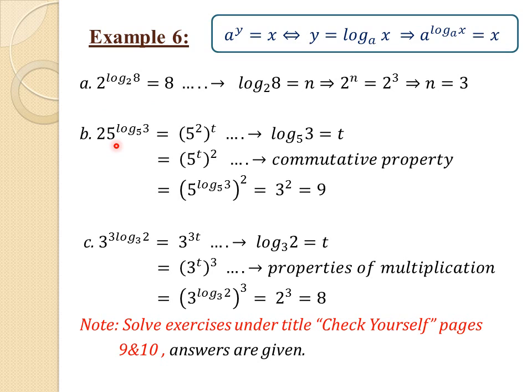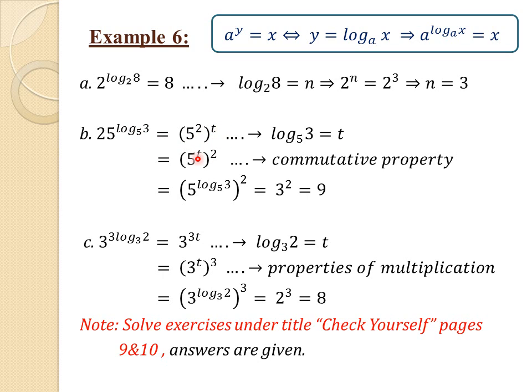Take here 25 raised to logarithm 3 base 5. Now this 25 is 5 power 2. This exponent, logarithm 3 base 5, we will make it equal t. So this complicated expression is going to be 5 power 2 power t.